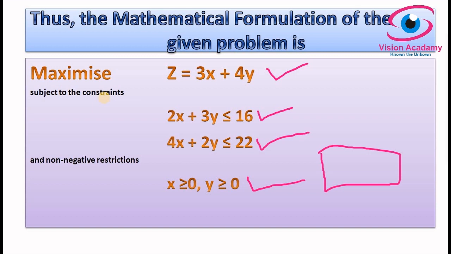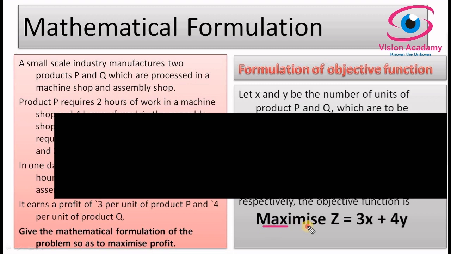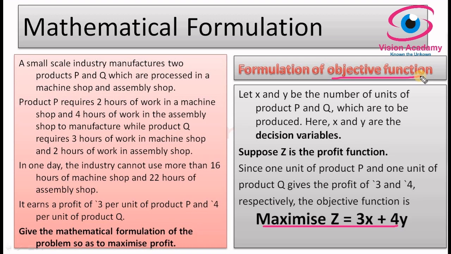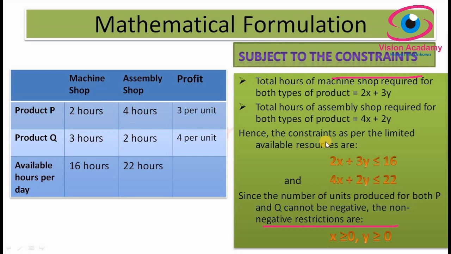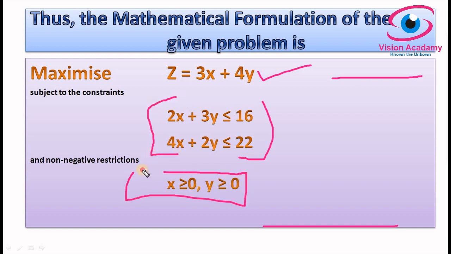And Z maximization, which we formulated as an objective function, is the same Z maximization I have considered there. So this is the objective function, these two are subject to constraints, and this is non-negativity.